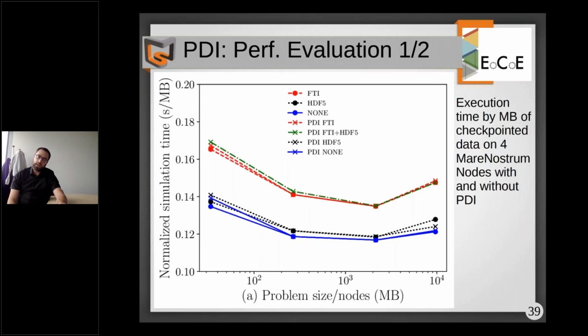In that case, FTI offers a strategy that scales way better than HDF5 because it relies on node local storage. But in that case, where we have a very small problem, it's not very interesting. So what we see is that for small problems, HDF5 is a good choice, either through PDI or not.